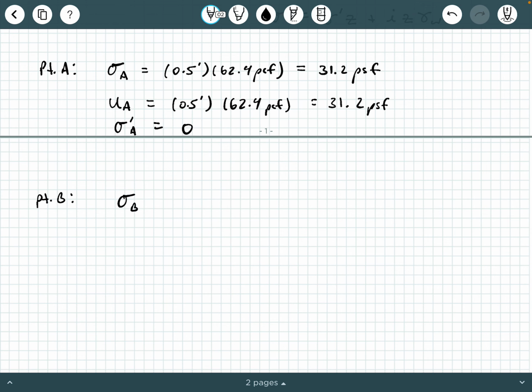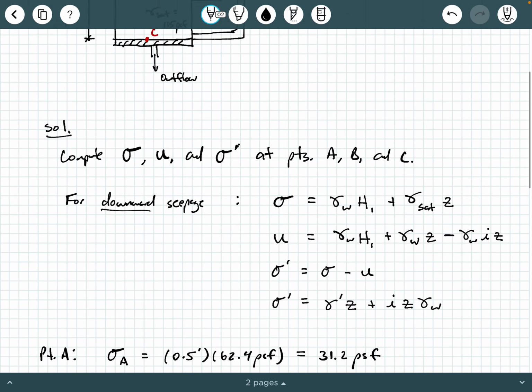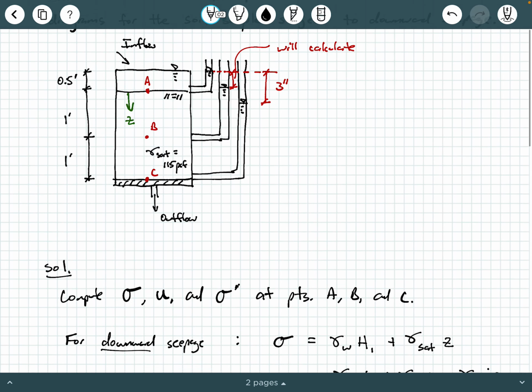The total stress at B is going to be equal to the unit weight of water times the height of water plus what? Plus the gamma saturated, the saturated unit weight of the soil, times the depth Z where point B is located. So how far below the soil surface is point B located?